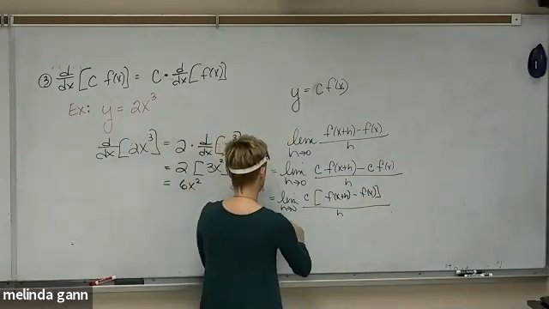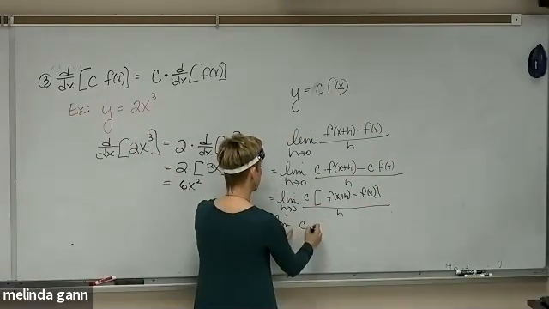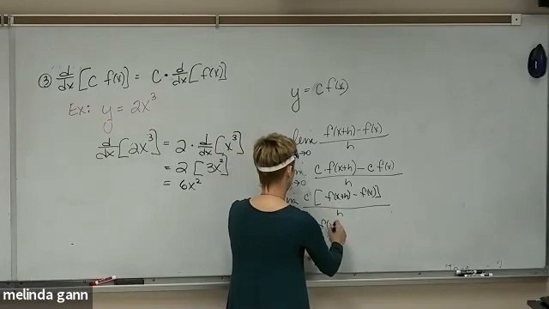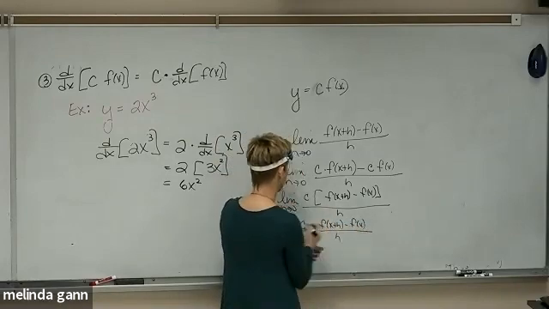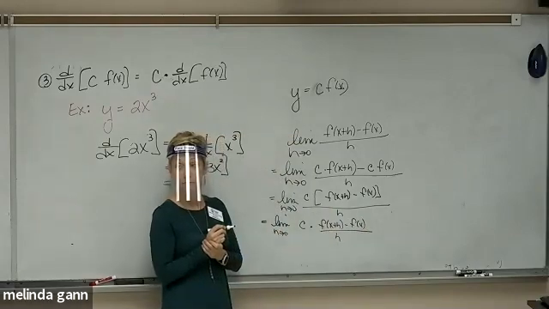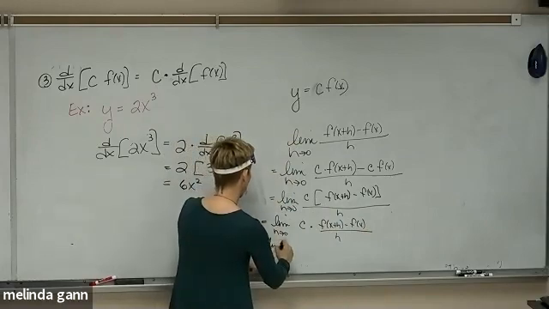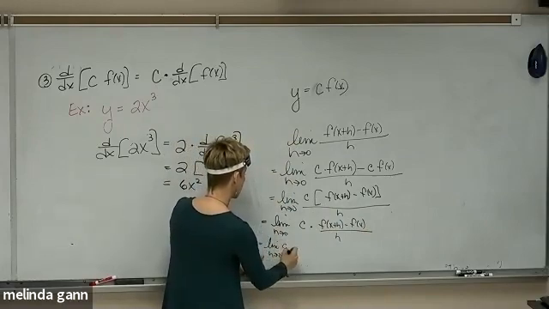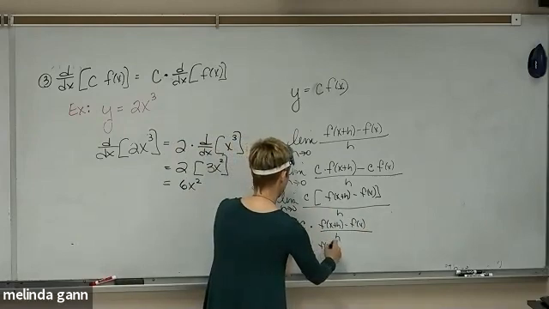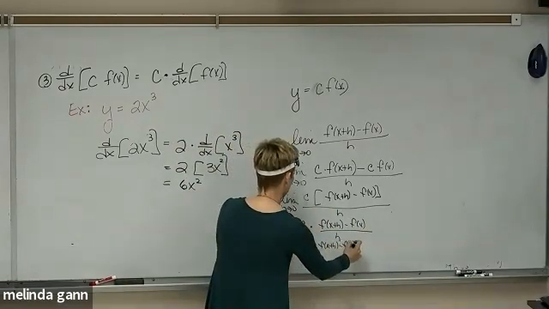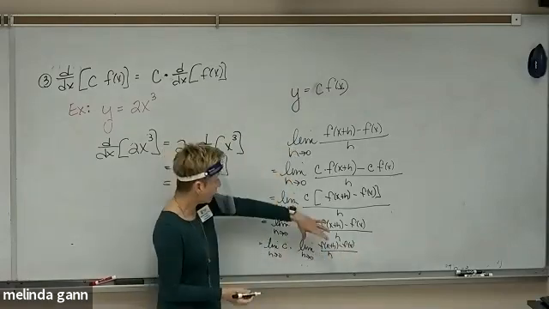Then I could say, well, that's the limit as h approaches 0 of c times this thing. So that's going to give me the limit of c as h approaches 0 times this limit. Well, what is that?